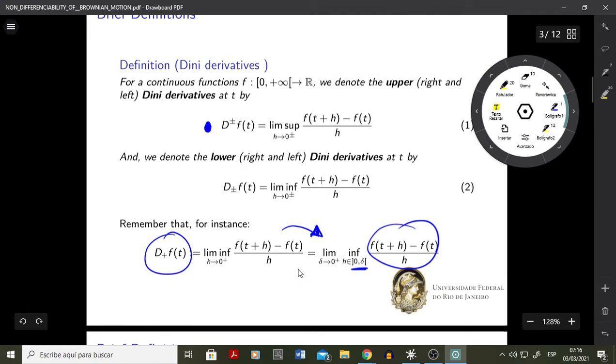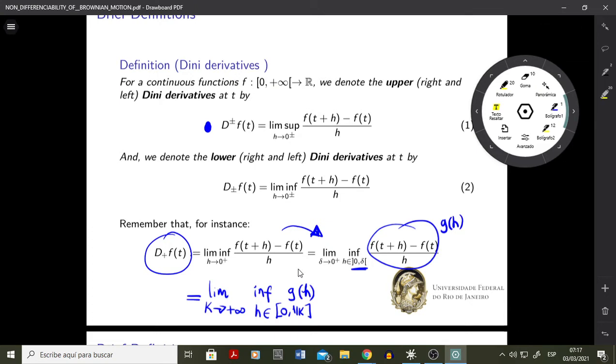Also, you can express that limit like this: the limit when k tends to plus infinity of the infimum of this function g of h, where h is in this interval, and this is the function g of h. Okay. Then I will come back to this definition later.